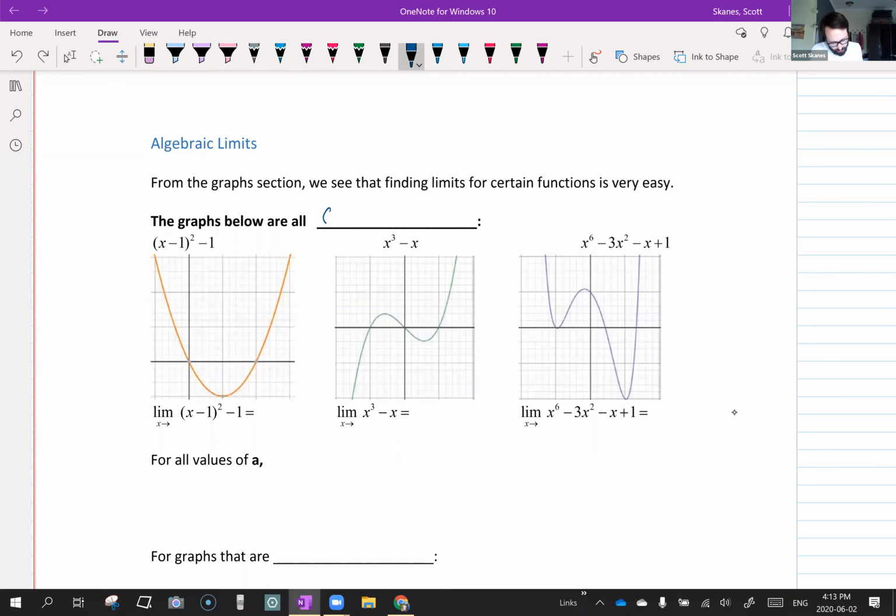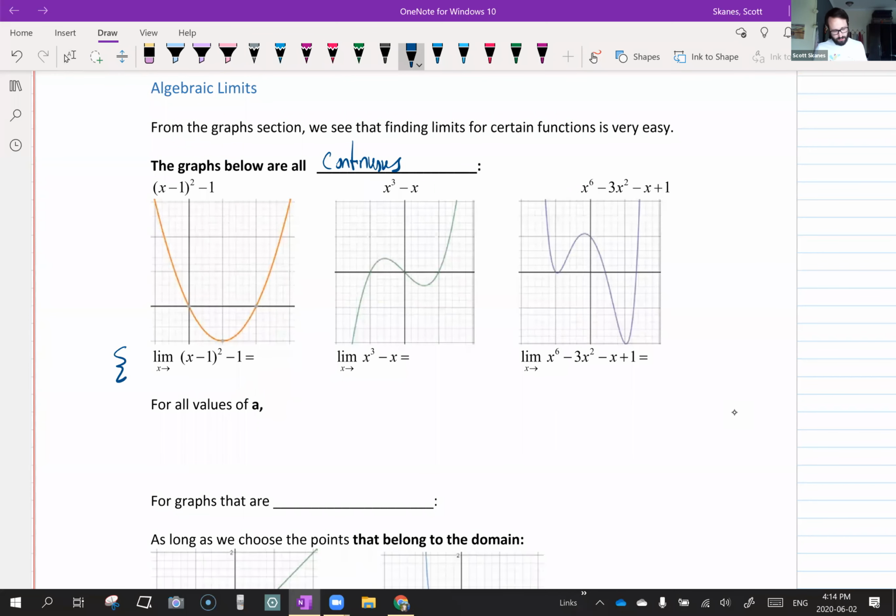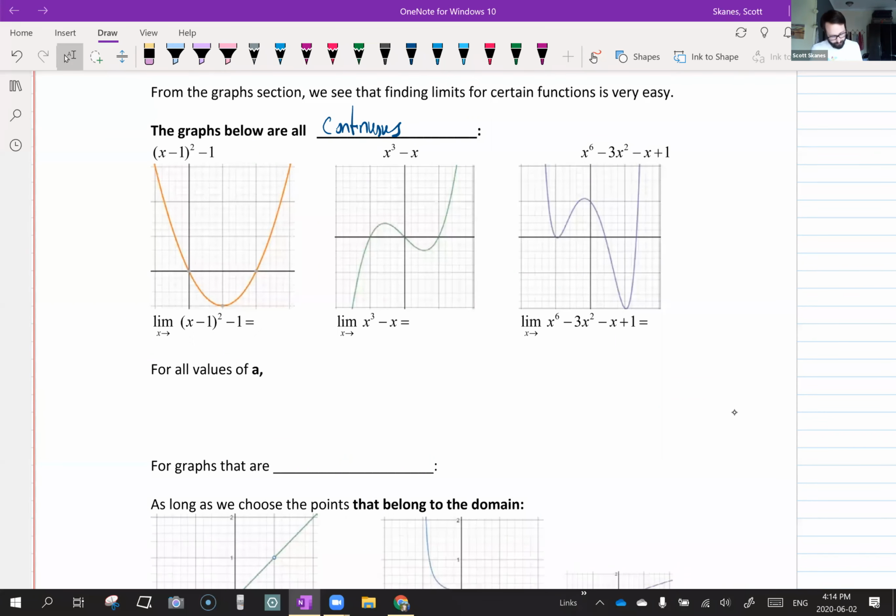It says the graphs below are all continuous. I'm going to skip over this stuff. I'm not going to fill it in. For continuous graphs, for any value of x, the limit exists. Any continuous function, if you substitute the value directly, so let me show you.